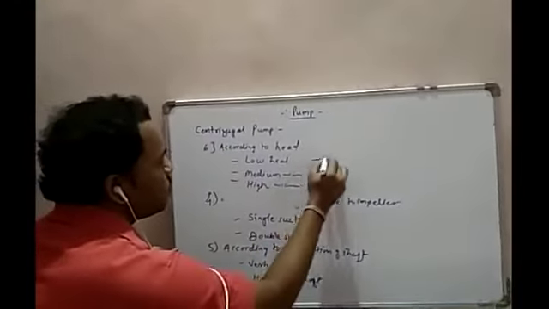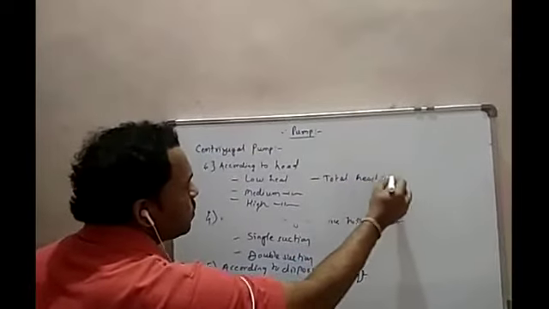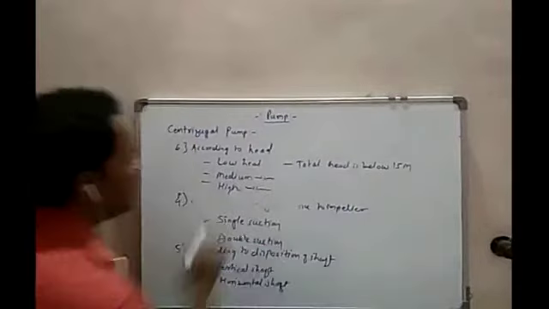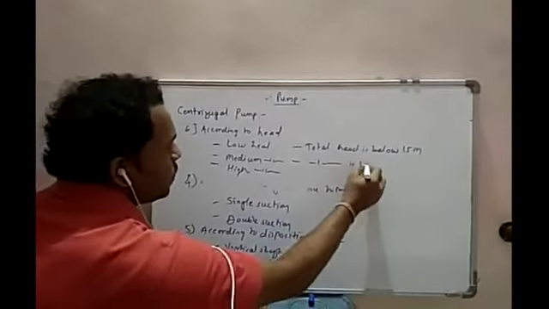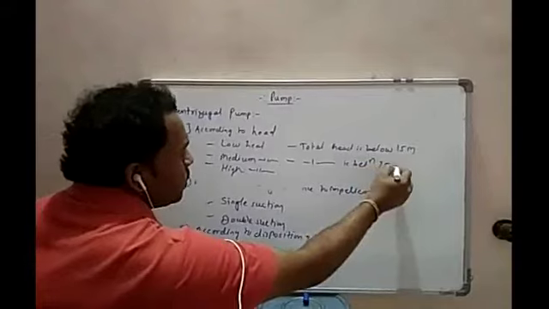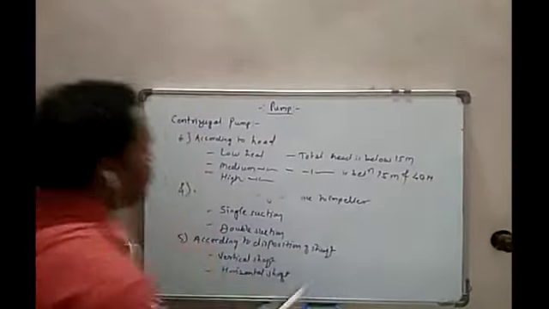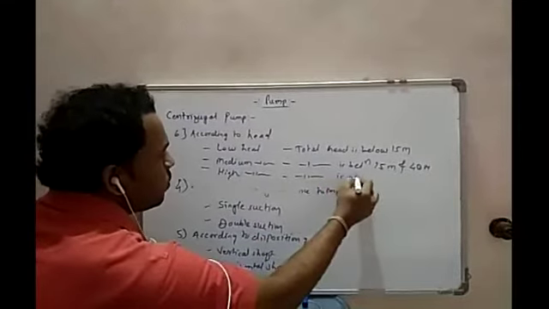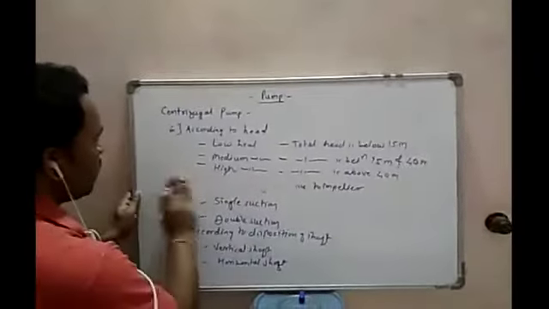So when the total head is below 15 meter, then it is a low head. When the total head is between 15 meter and 40 meter, it is medium head. And when the total head is above 40 meter, then it is the high head.